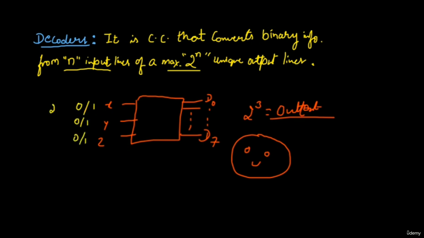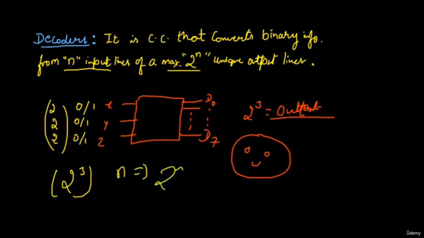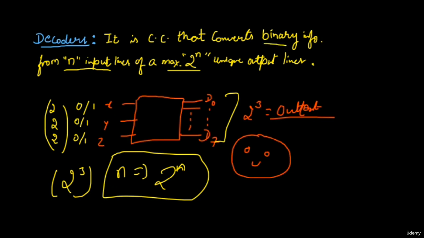So there are two combinations, two combinations, two combinations. If you multiply them all, you get 2 to the power 3. If you have n inputs, then 2 to the power n is the maximum possible combination that we can have. So this is exactly the meaning of decoding, that we can decode on the basis of zeros and ones, the binary part that we have written right here.